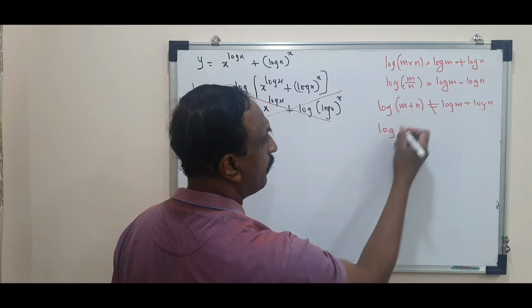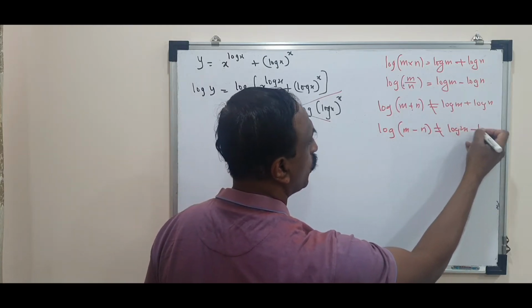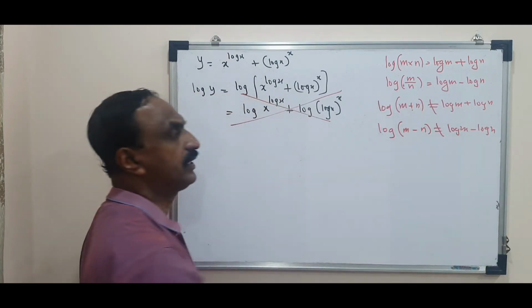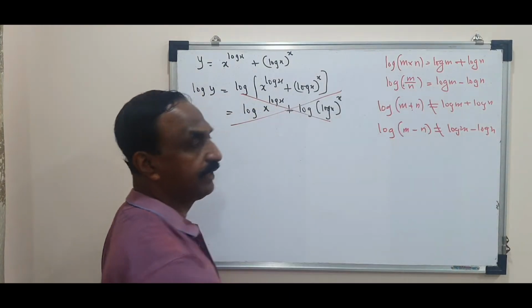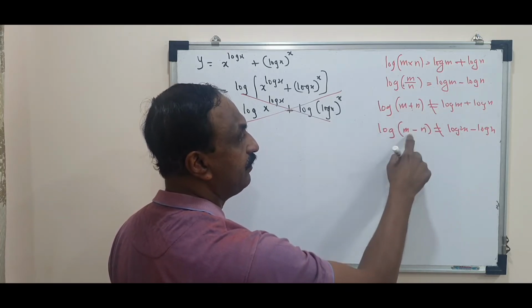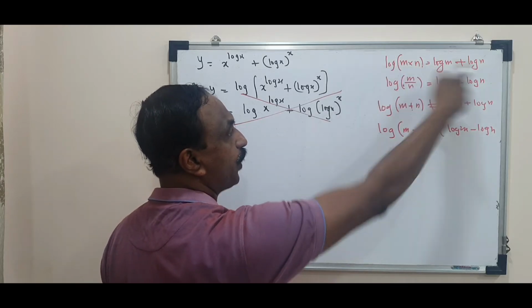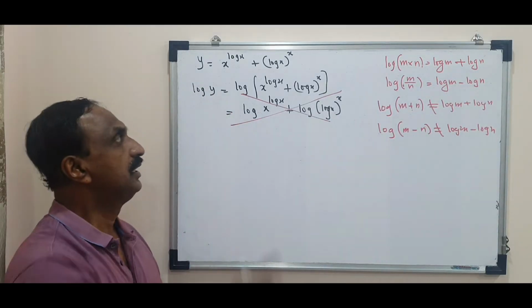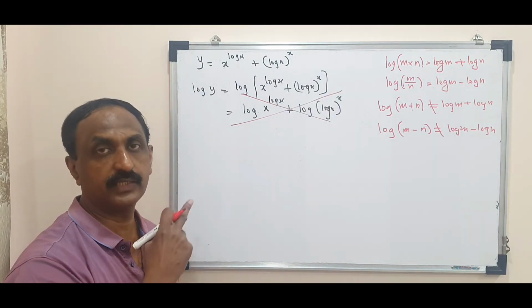Whenever you come across m plus n, you cannot apply it this way. There is no formula for m plus n and m minus n. We have formulas only for multiplication and division. We have no formula when numbers are added or subtracted. When numbers are multiplied or divided, the log property can be applied. Hence, this way of doing the problem is wrong, and more than 90% of students make this mistake.